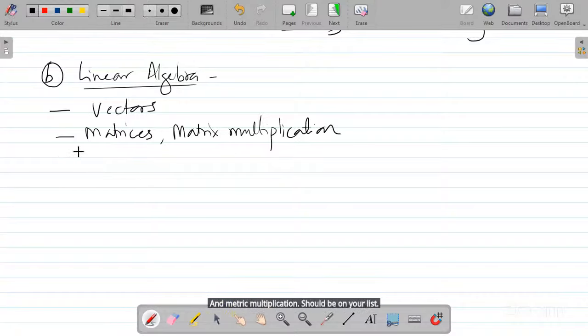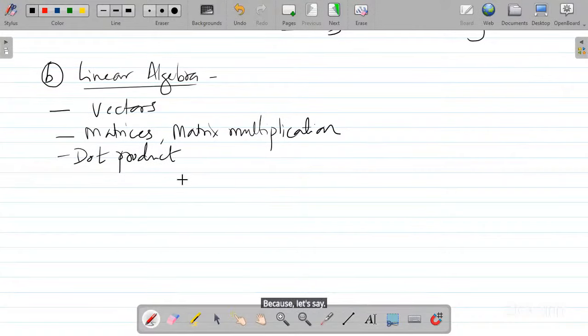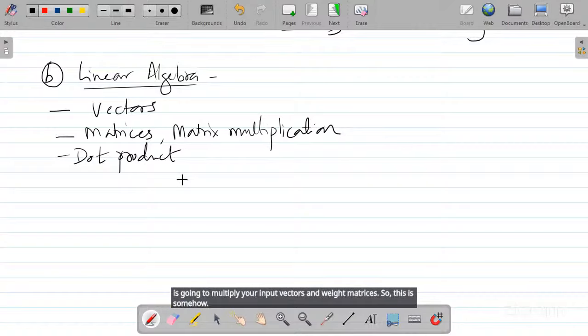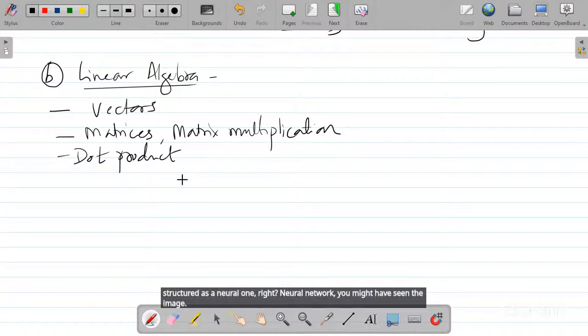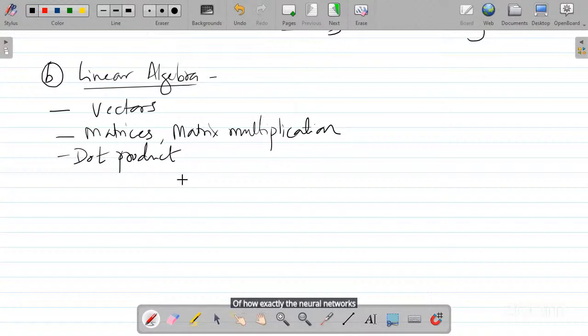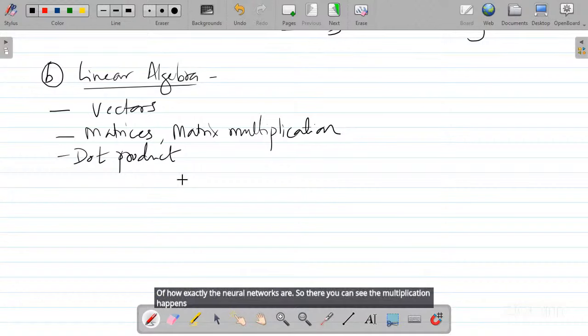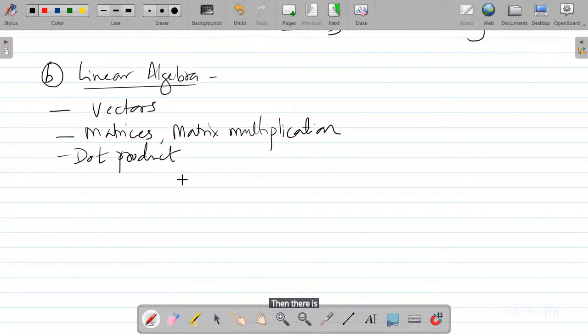And then the dot product is another technical concept here, how it works, the mathematical part. Because every layer in your LLM is going to multiply your input vectors and weight matrices. This is structured as a neural network, and you might have seen the image of how exactly neural networks look. There you can see the multiplication happens with the input data, then there is a weight factor and a bias factor.